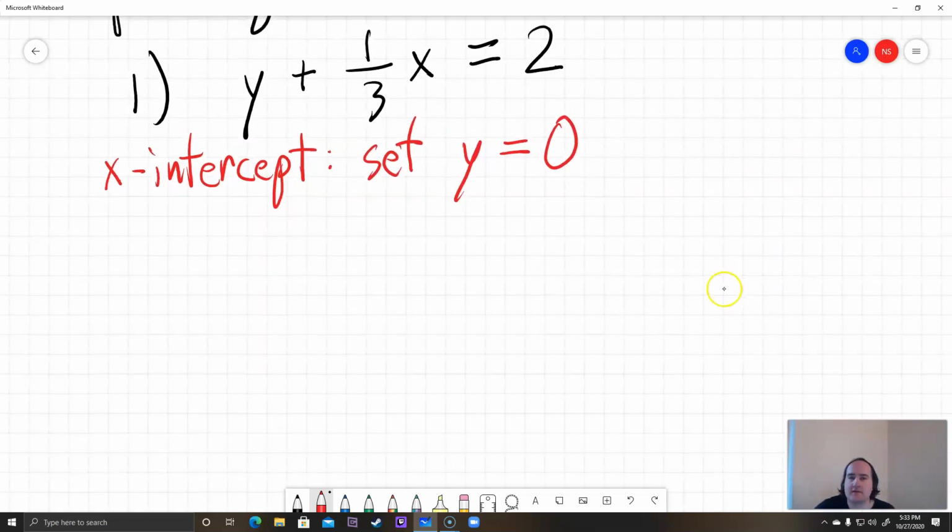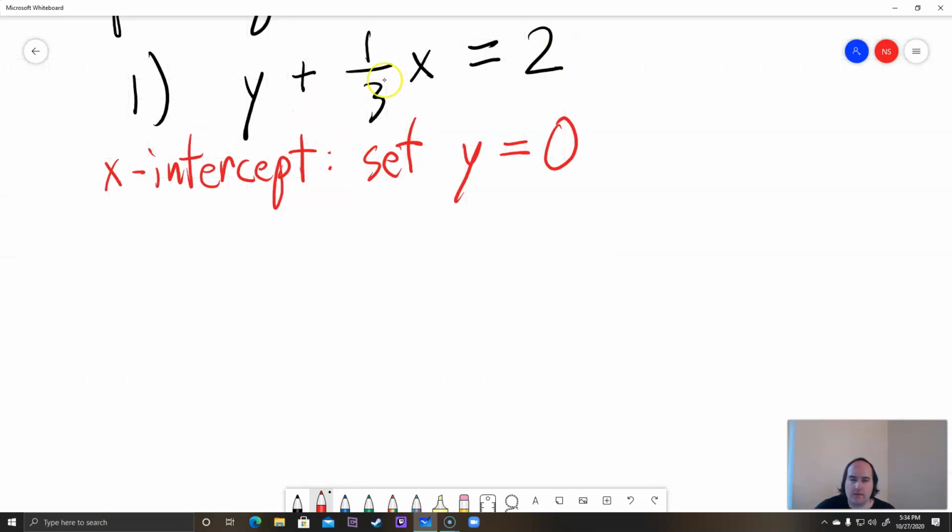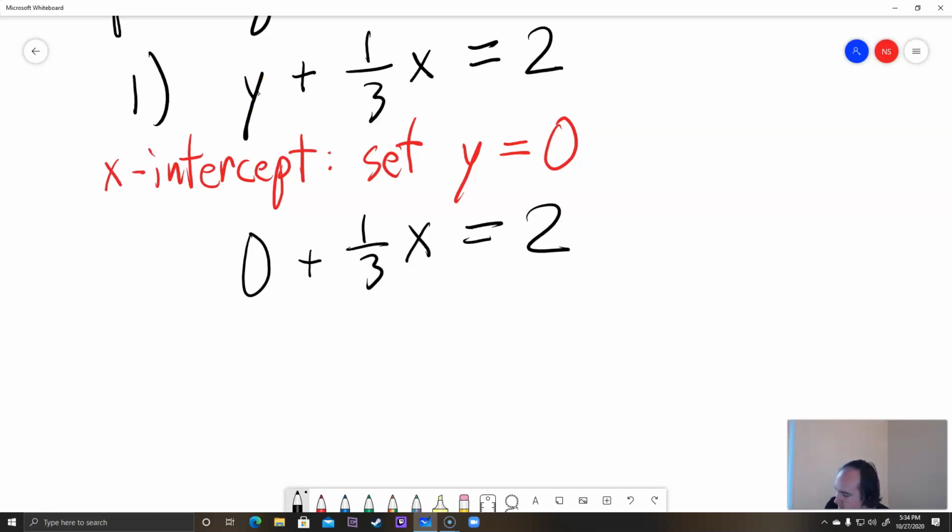Okay, so we take this equation here and we plug in 0 for y. So we're actually going to have 0 plus 1/3 x equals 2. Okay? And so that's how you find the x-intercept, well, part of it. And then here you have to solve for x.